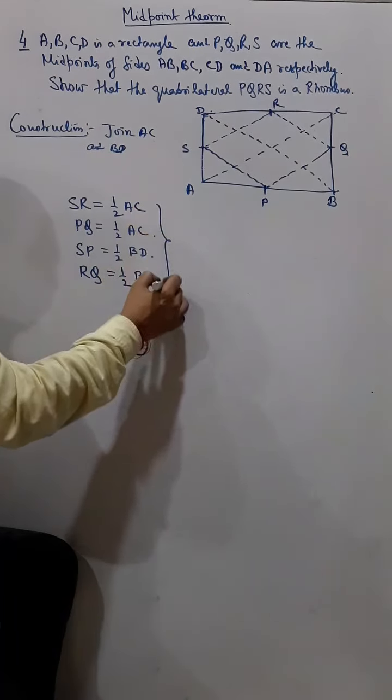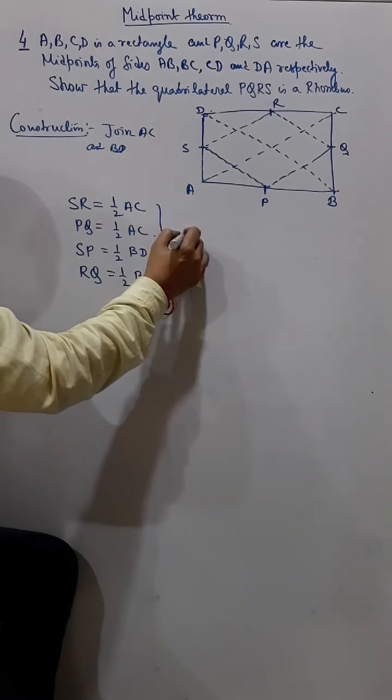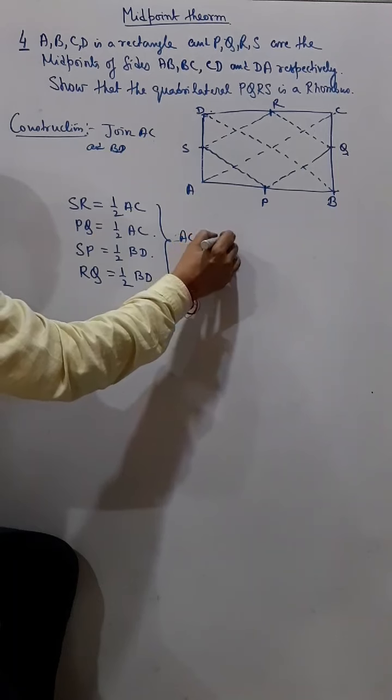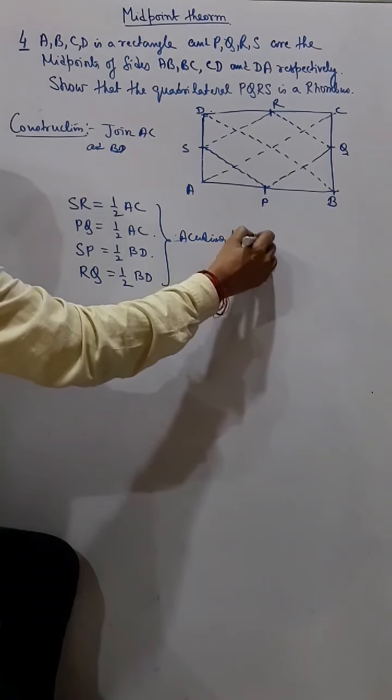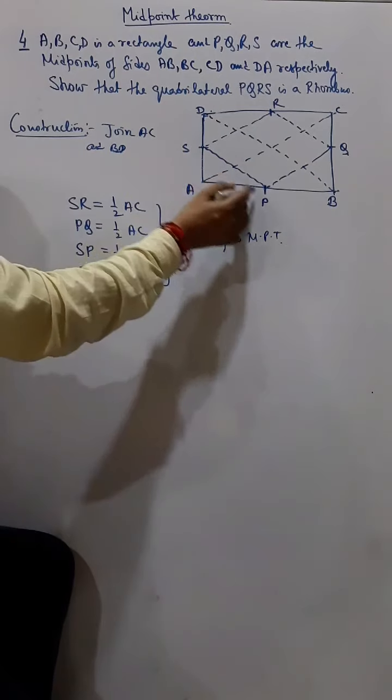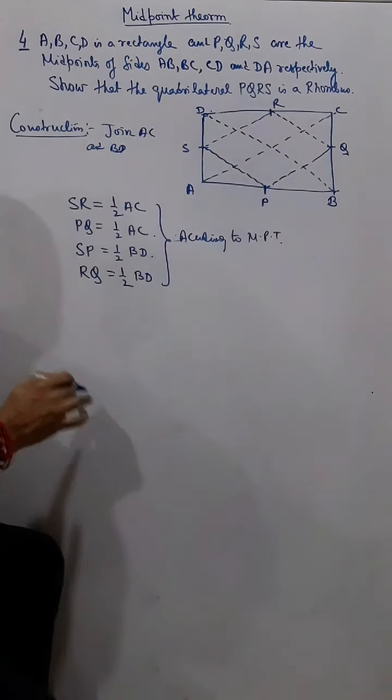Now all this is according to the midpoint theorem. So according to the midpoint theorem, this will be half of this, and you know this.